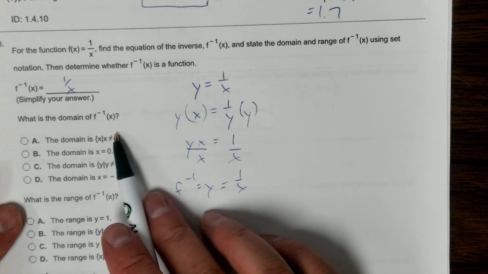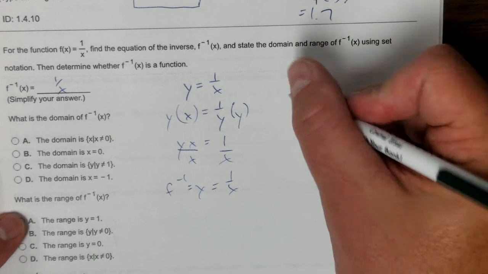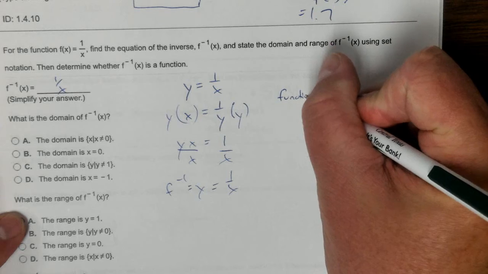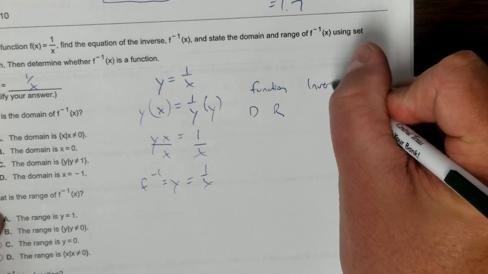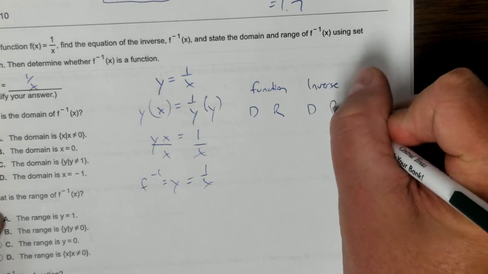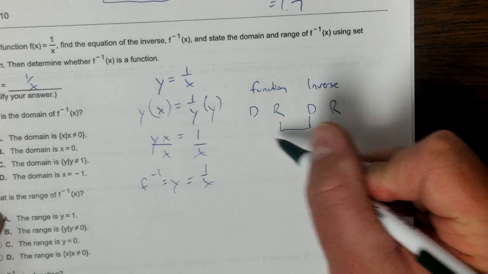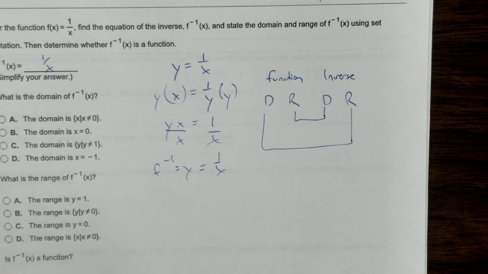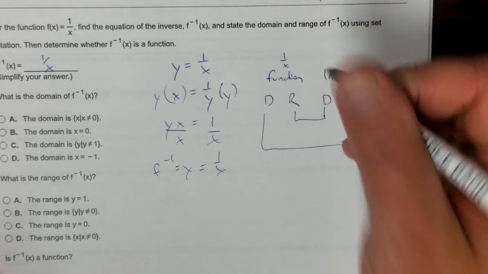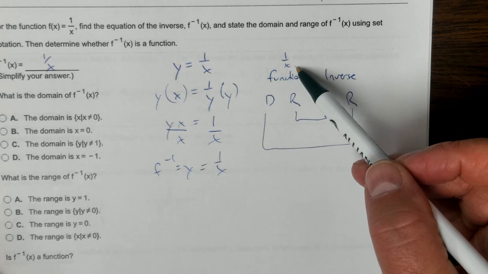Now, as far as your domains, how it works is these two are the same and these two are the same. So for our function, which is 1 over x, it's going to be all reals except x not 0.